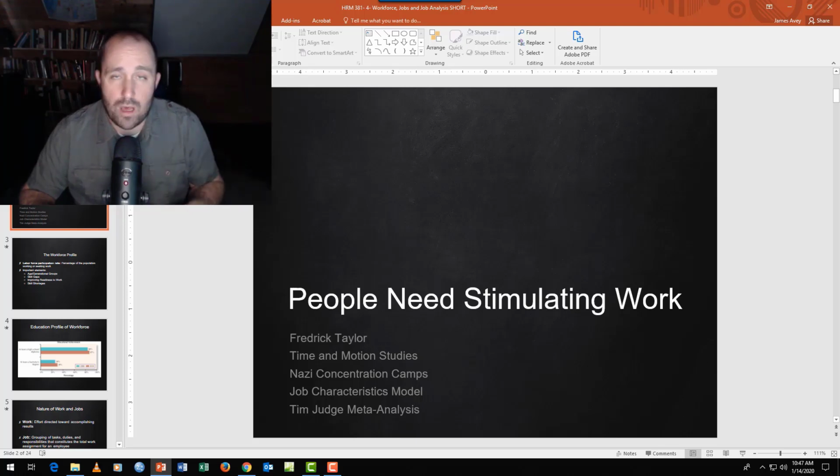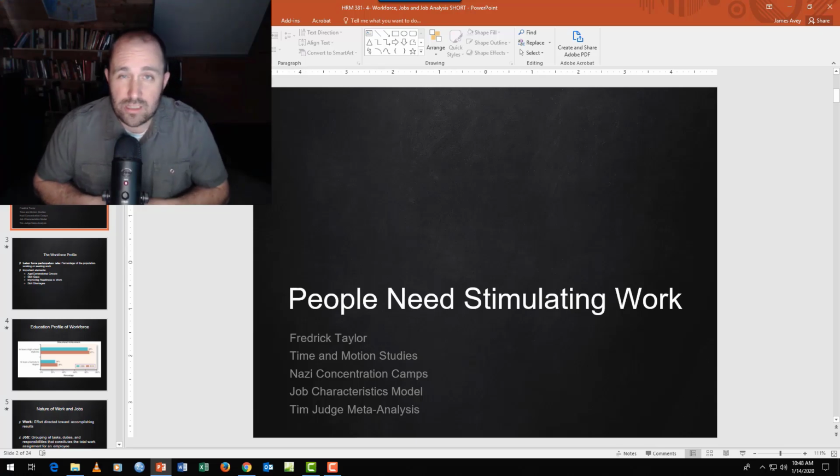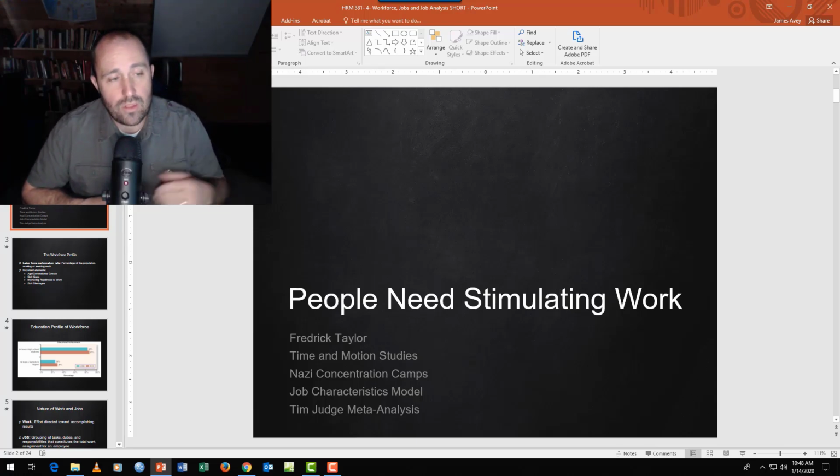The job characteristics model, which we'll look at today, came out in the late 60s, early 70s. And it said, no, there are 5 characteristics to jobs at least, and the more complex you make the job, the better people generally do, and certainly the better they enjoy it. And then the big one on this was a guy named Tim Judge. He did a meta-analysis, basically a really big study over a long period of time, and found the number one predictor of job satisfaction, which is pretty simple, like, do you like your job?